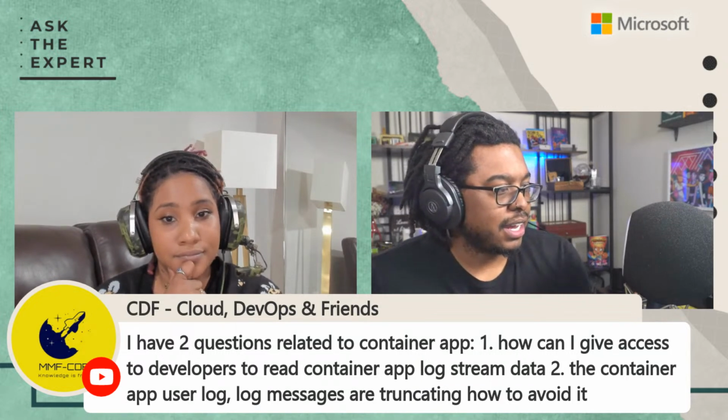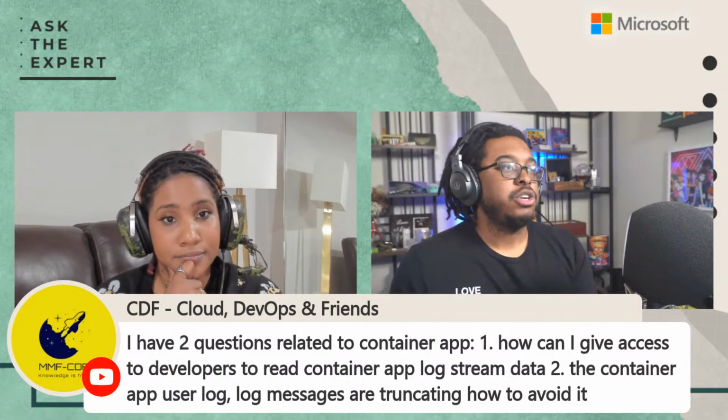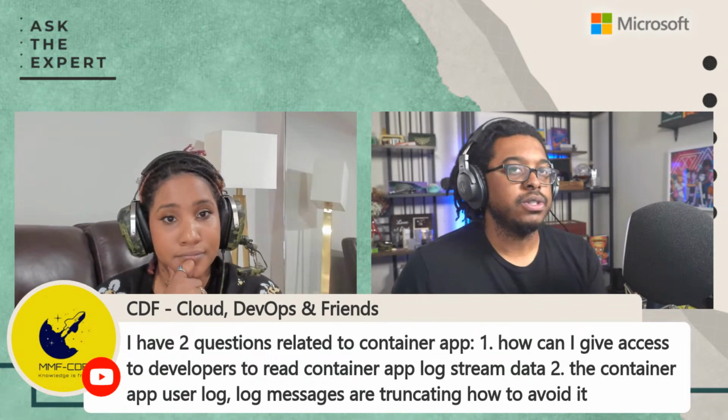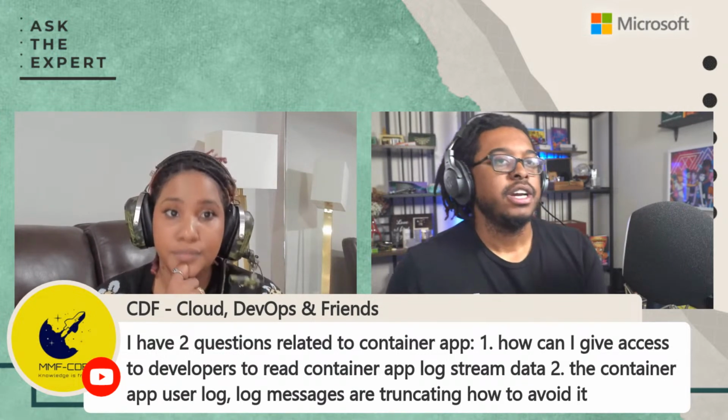I think you would just have to do that inside of your Azure portal. There are access management features there, and you would just have to make sure you set them up with the right scope in terms of permissions. That said, I haven't played around with that, so I'm sorry, but that's a good question that we can definitely take back, and maybe someone can come back and answer.